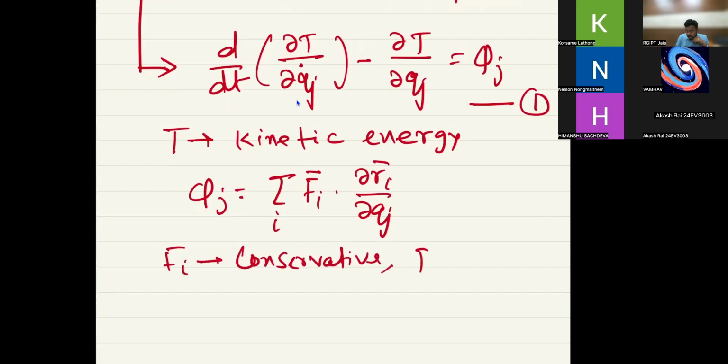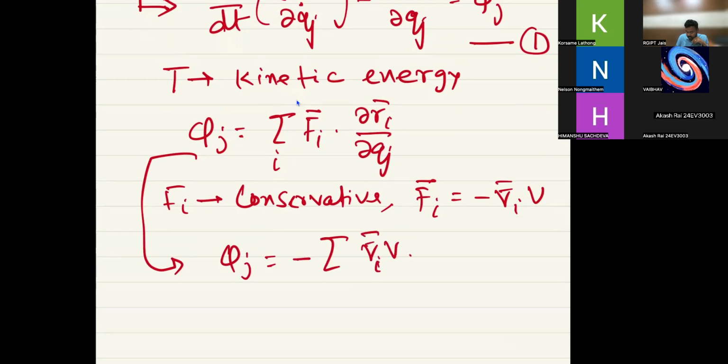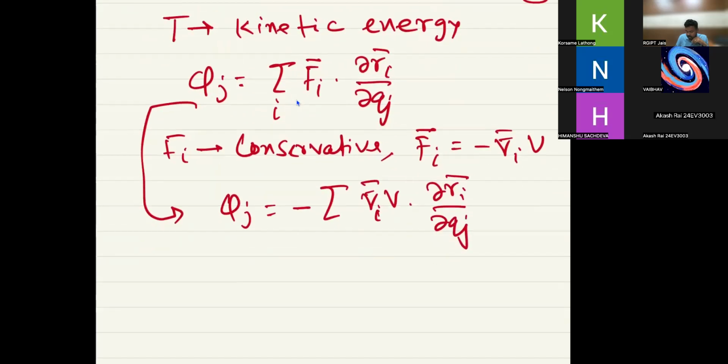Then you can write Fi equal to minus gradient of i of V. Then from here you can write Qj equal to Fi, which is basically minus gradient i V, dot del Ri by del Qj, and this term you can write as minus del V del Qj.